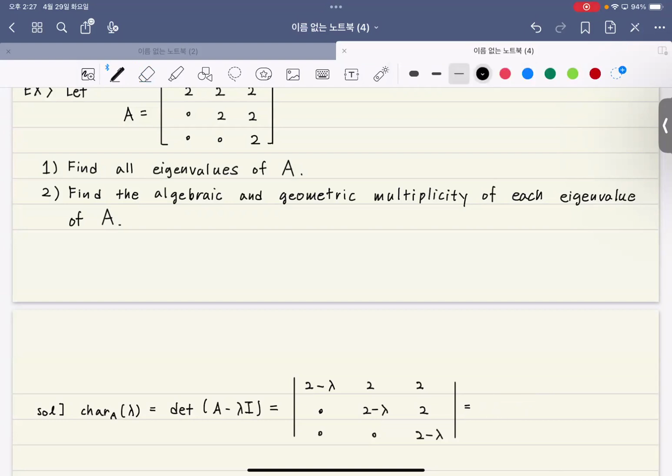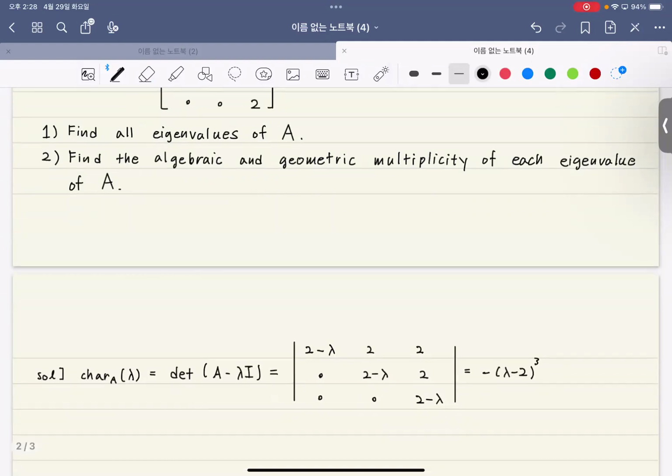Sorry, I changed my mind, I'll write it as minus (lambda minus 2) to the third. So in this case, I have only one eigenvalue, which is 2. And what is the algebraic multiplicity? Very easy. Just read the exponent. So 3 must be the algebraic multiplicity of this eigenvalue.